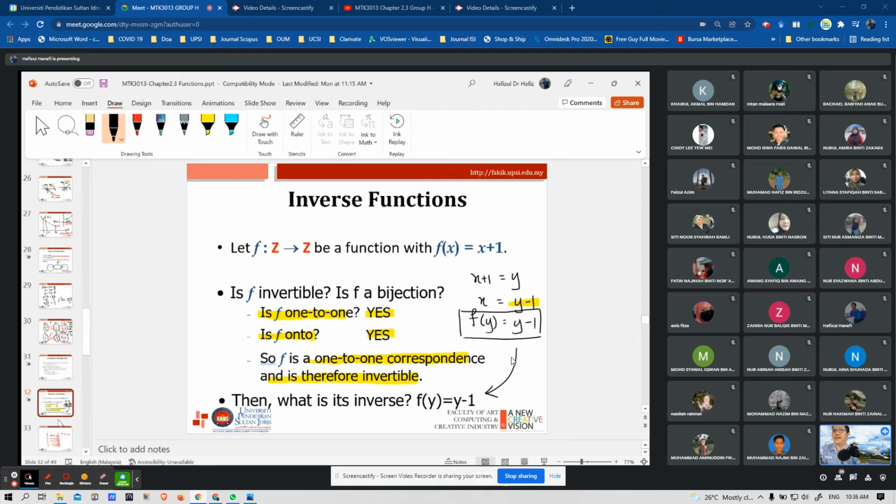You can inverse the function. For example, here we have x plus 1 equal to y, and then x is equal to y minus 1. So f inverse of y is equal to y minus 1.